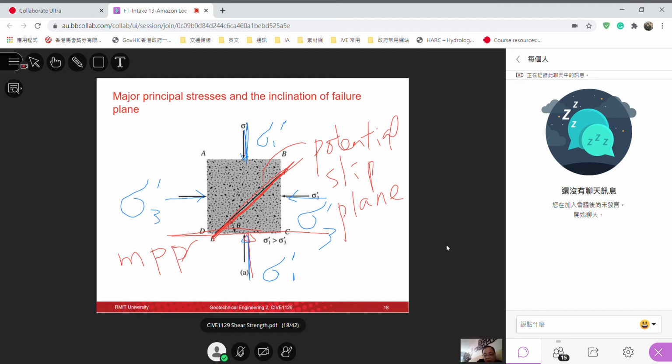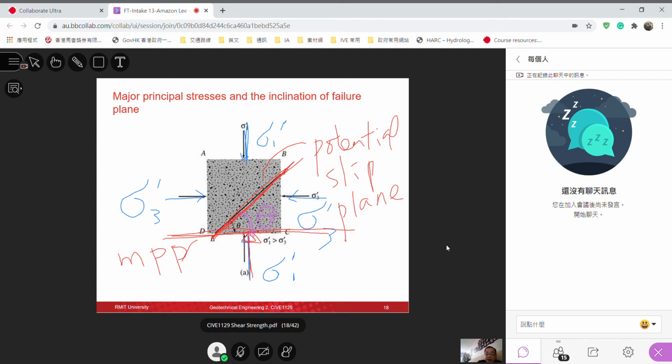That means the plane where the major principal stress is applied. In between them, it makes an angle theta.